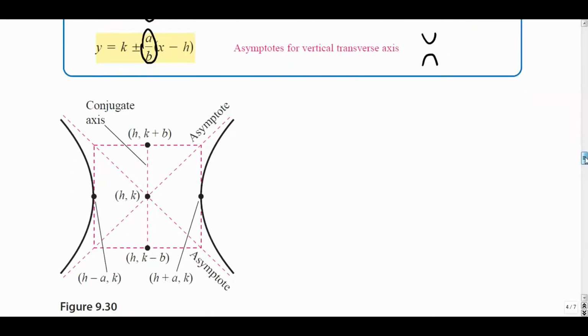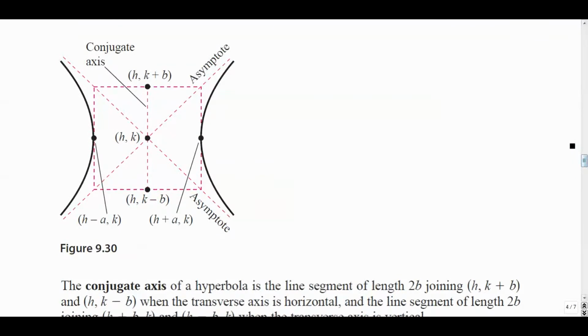Here's a pretty good picture of what we're talking about, right? The asymptote itself is this dotted line right here and right here. They're basically going to have opposite slopes as each other. Otherwise, they're going to be the same, but they're kind of being guided by this box, this little rectangle.